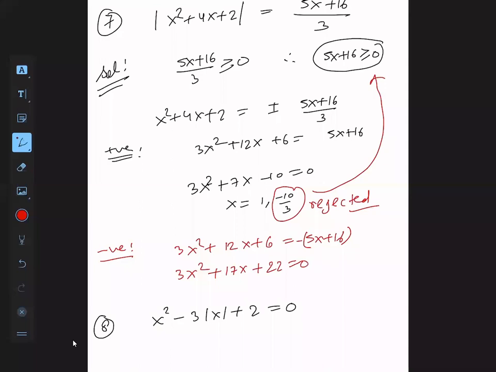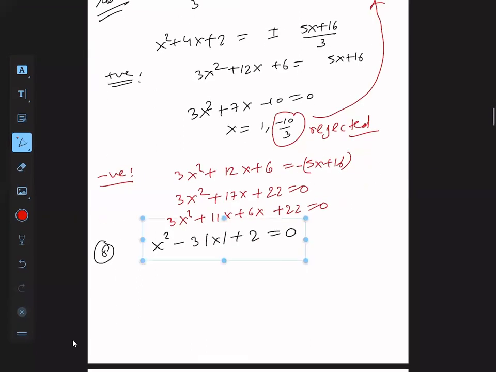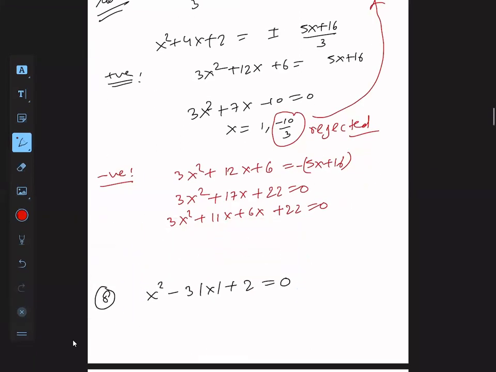Then what are the roots of this equation? Yes, you can factorize by splitting 17x as 11x plus 6x, so x plus 2 and 3x plus 11 is equal to 0. So x is equal to minus 2 and minus 11 by 3.